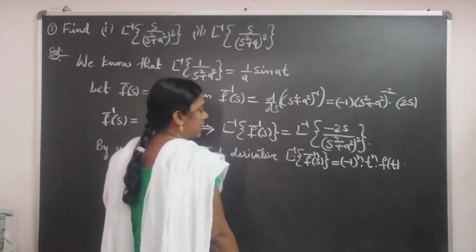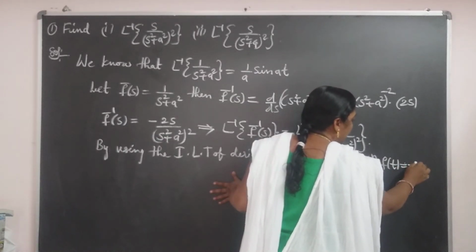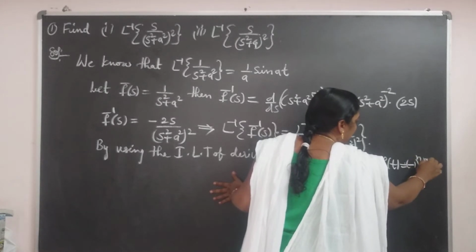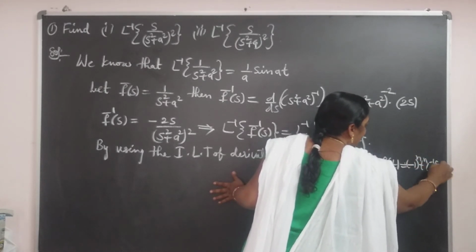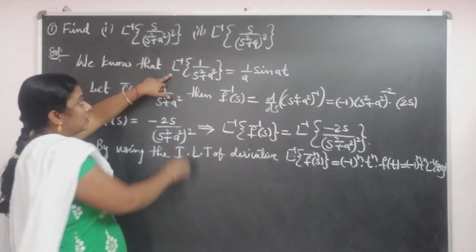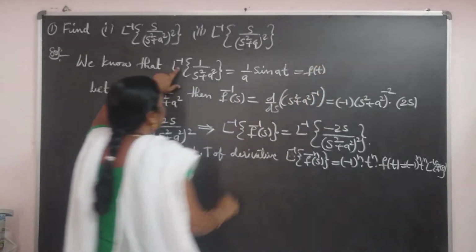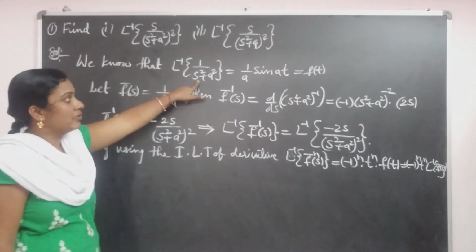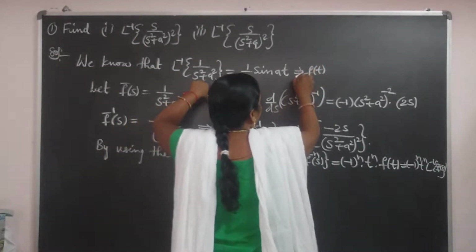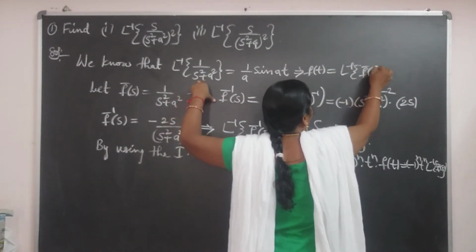That is L inverse of minus 1 whole power n, t power n, times L inverse of f bar of S. Here L inverse of f bar of S is f of t.